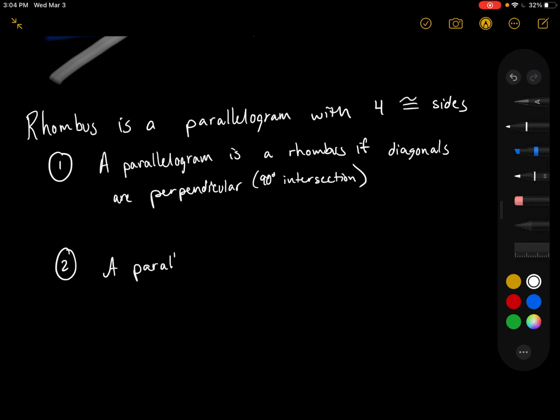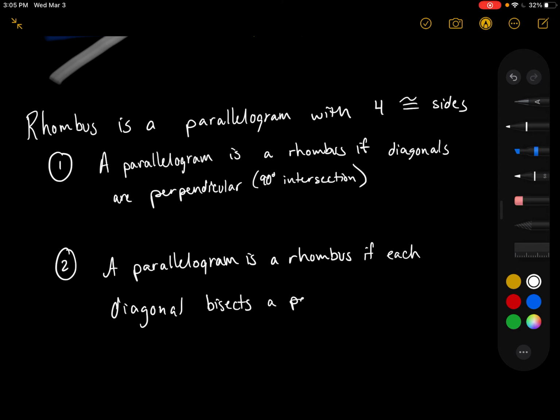A second way that we can prove it, that a parallelogram is a rhombus, is if each diagonal bisects a pair of opposite angles.